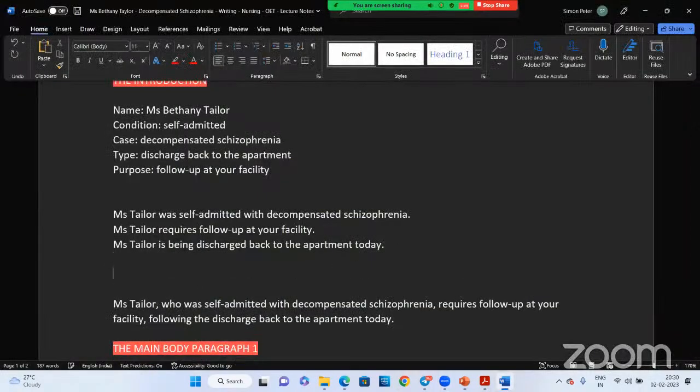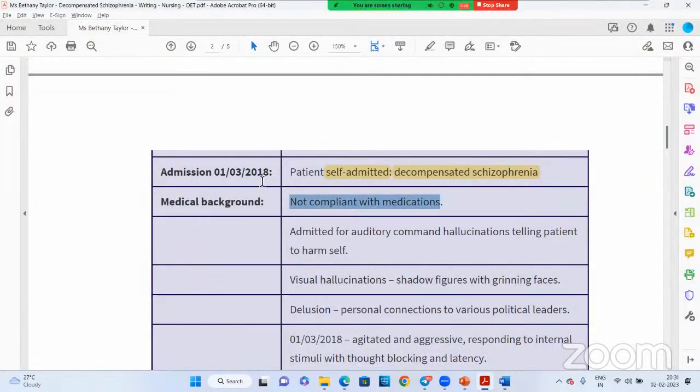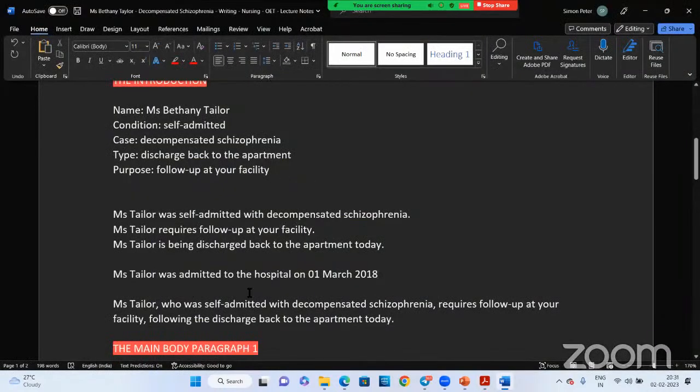So you can write many different sentences. Miss Taylor was admitted to the hospital on 1 March 2018.